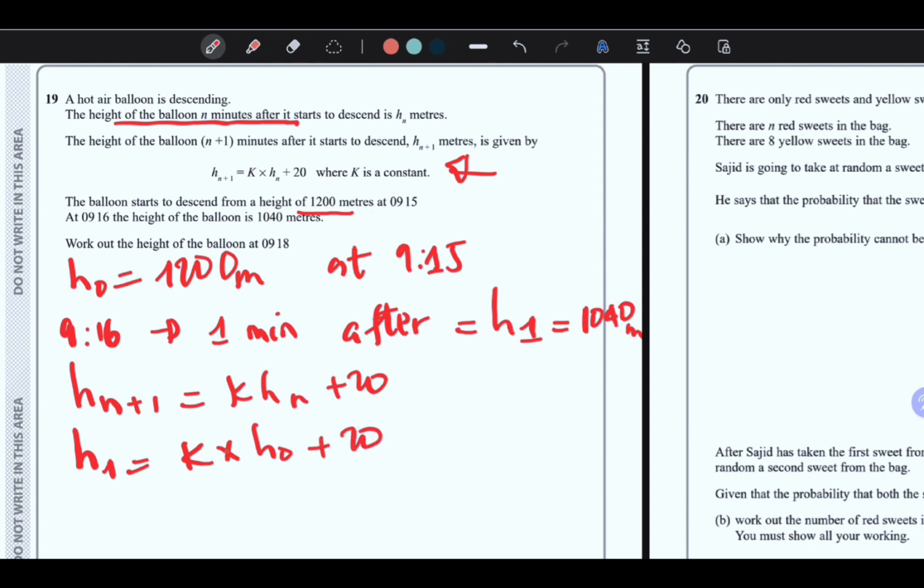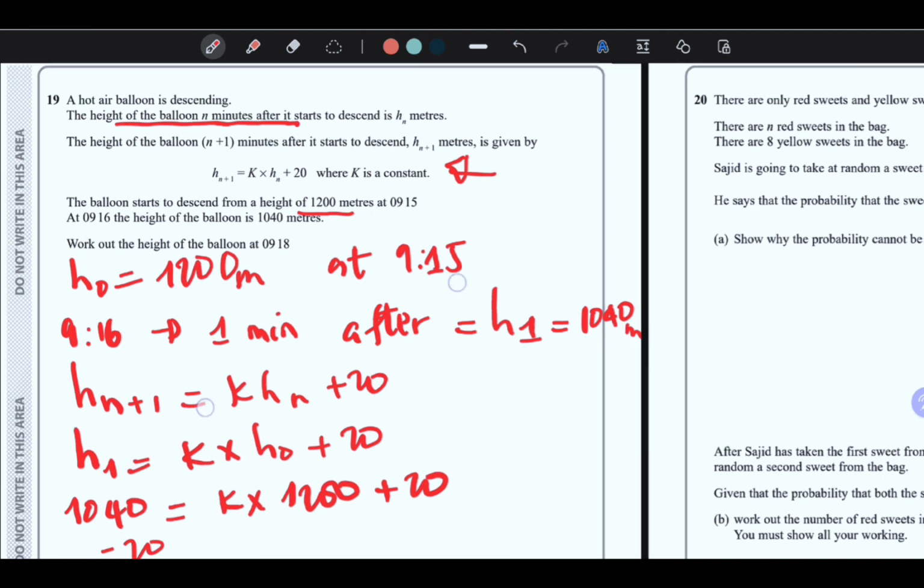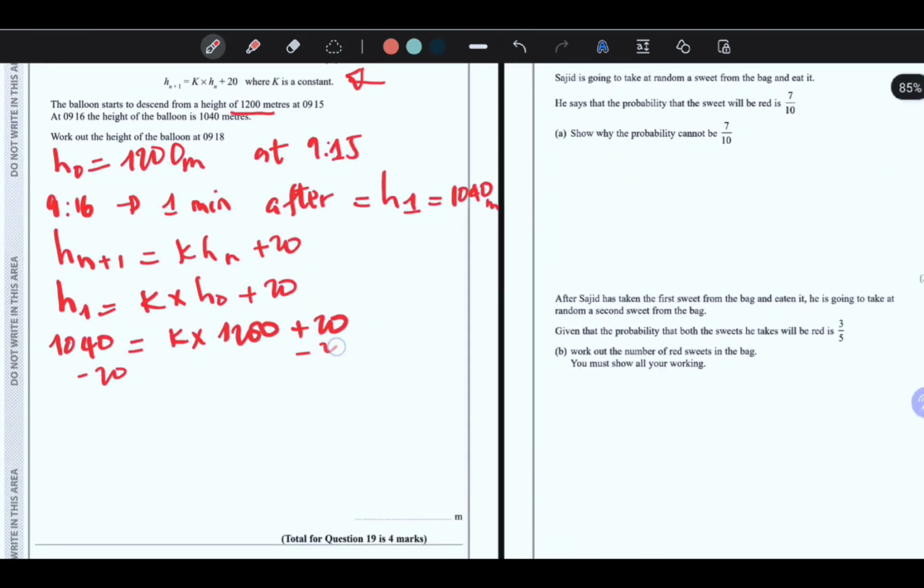So now we need to work out the value of k by substituting everything. This will be 1040 equal to k times h0, which was 1200, plus 20. Okay, I'm going to start by subtracting 20 on both sides.